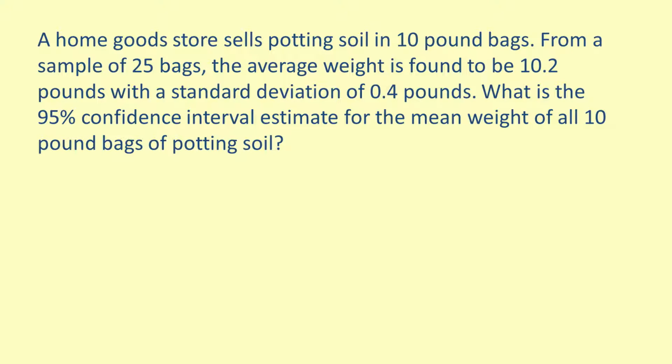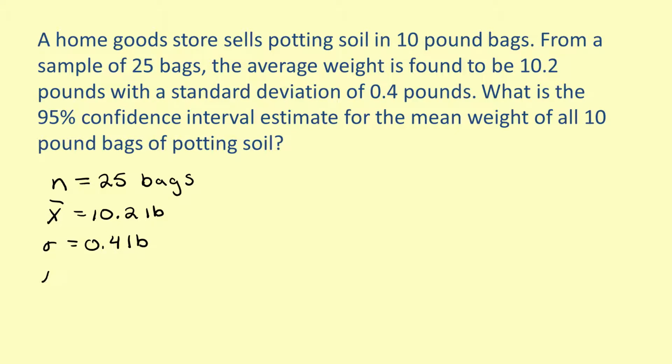From the problem, we can determine that the sample size n equals 25. The sample mean x bar is equal to 10.2 and the standard deviation is 0.4 pounds and alpha equals 1 minus 0.95, which equals 0.05.